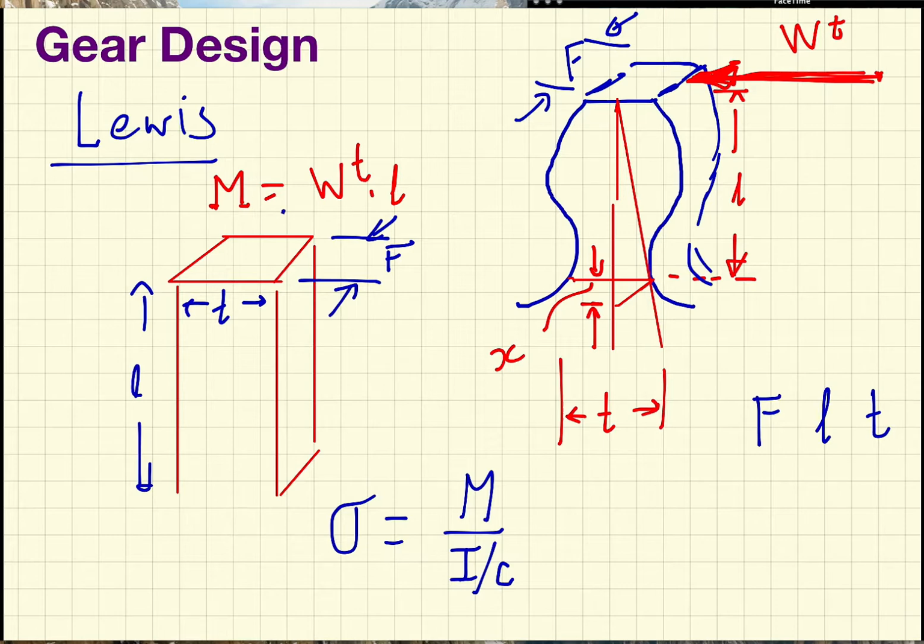So if we just have the cross section, then the distance c is here, and the maximum stress will be on this face or the other face.